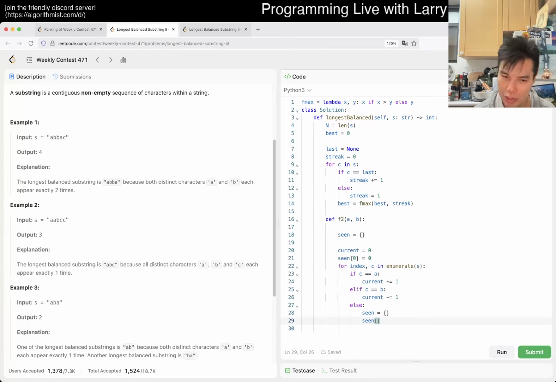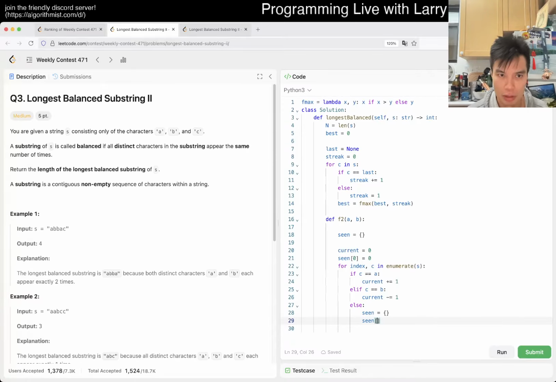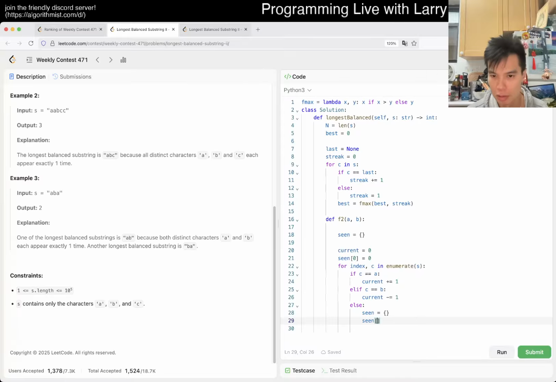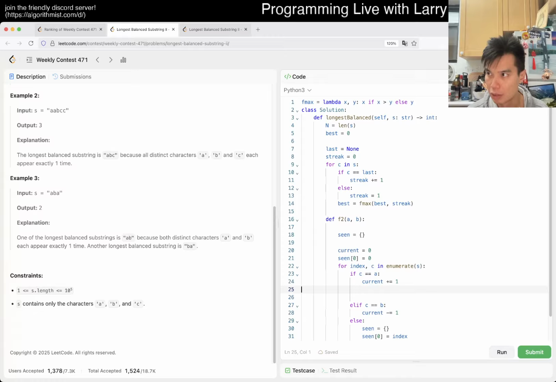I still don't know how to do the 3 cases one though, so I have to maybe think about that. Okay, so then now this includes it. So then now best is equal to max of best, of current minus seen of current, or index minus seen of current.